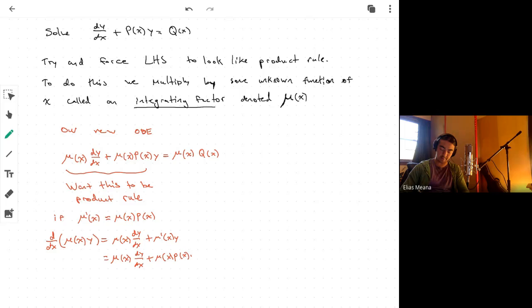Which is what we want. So if we can find a mu of x that satisfies this, then we can write our left-hand side as product rule. Does everybody see what I'm talking about so far?